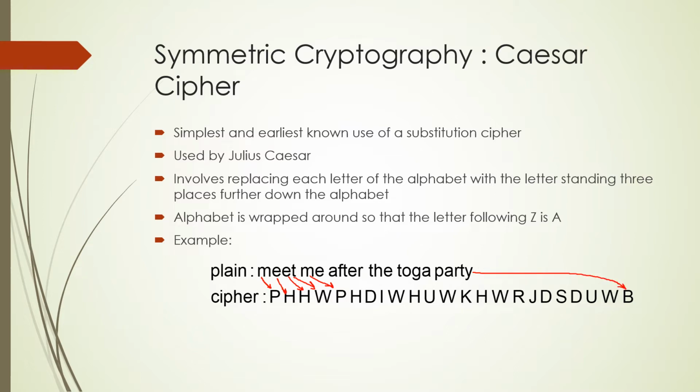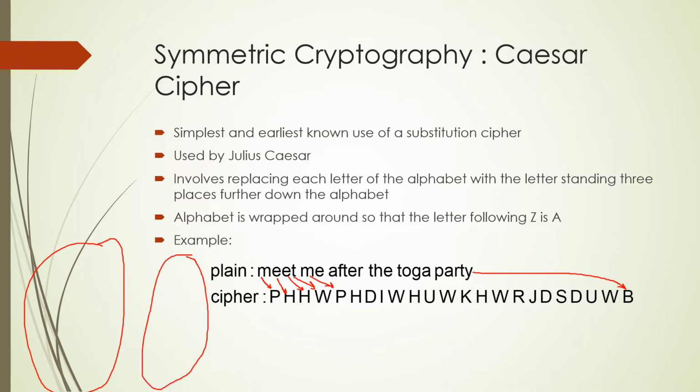If you consider the way these letters are mapped to each other from plain text to ciphertext, if you think about it, you will realize the relationship between them. So this is how they are mapped to each other.